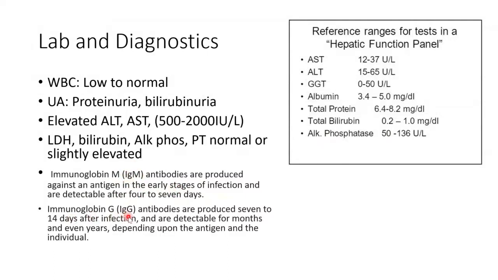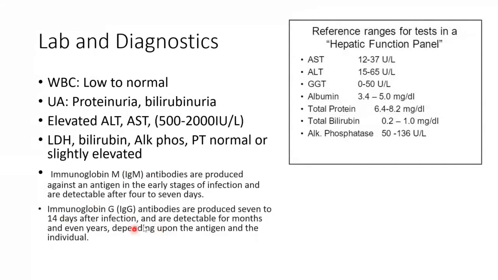Immunoglobulin G, or IgG, antibodies are produced 7 to 14 days after the infection and are detected for months or even years afterwards. So IgG is often indicative not of a current infection or early stages, but that this person has had an infection. It's an older infection.